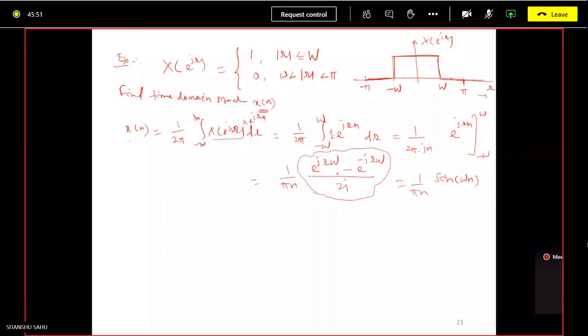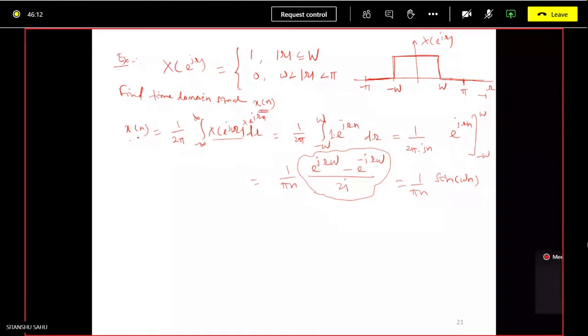So this will be nothing but sine of omega into 0. So sine 0 is 0, and 0 by pi 0. Okay, so 0 by 0, that is undefined.